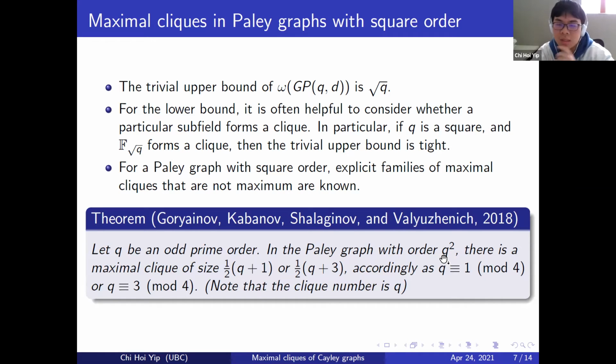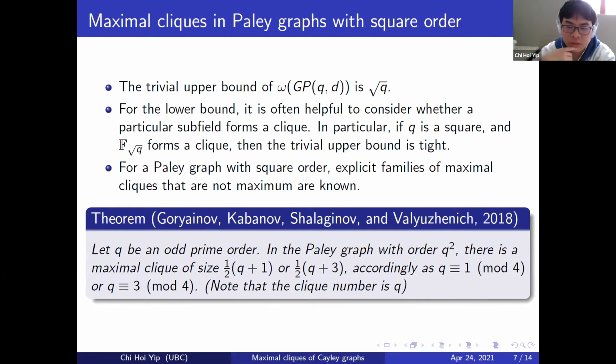In this case, it's easy to check that the clique number is given by Q. And they were able to explicitly construct maximal cliques of size half Q plus 1 or half Q plus 3, according to the congruence condition. Because the clique number is Q and they found maximal cliques of size roughly half Q, that means they found an explicit construction of maximal cliques which are not maximum. So this is something very interesting.